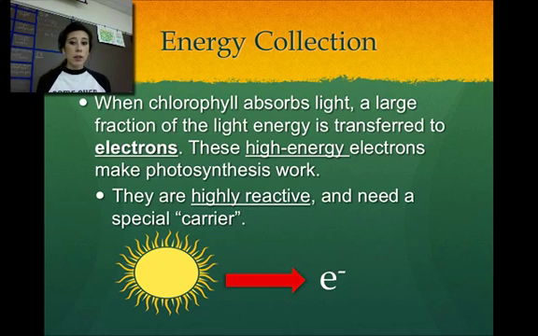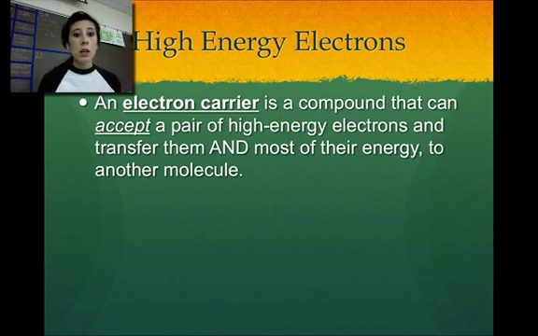They're highly reactive, and so the cells, the chloroplast, can't just take an electron and use that within the cell as energy. It has to be put back into something that is not reactive, that's stable. And so an electron carrier is basically what's going to come along and help.